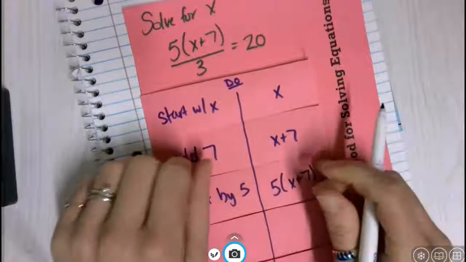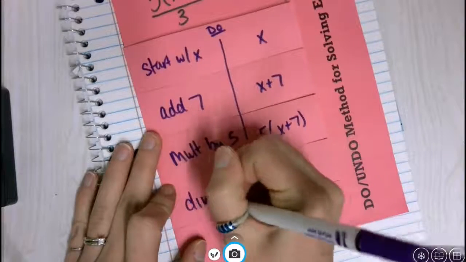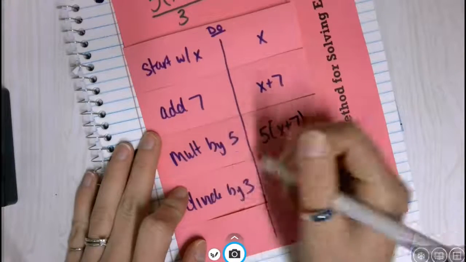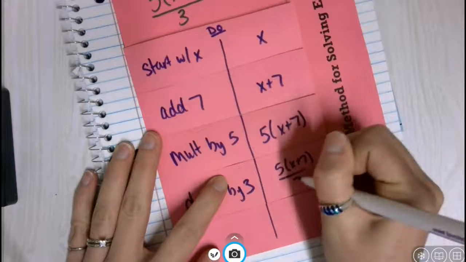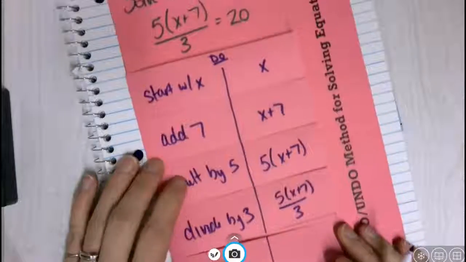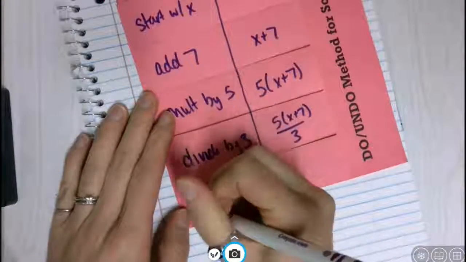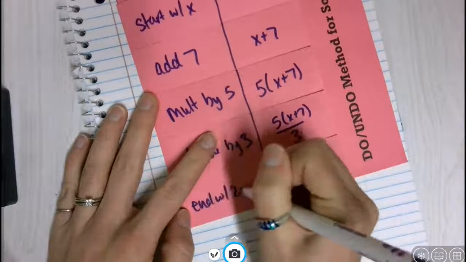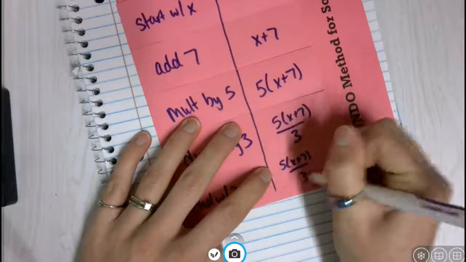The next step, I would then divide by 3. And then I'm told here that I would end with 20, because that's what's on that side. So I have 5 times x plus 7 divided by 3 equals 20.